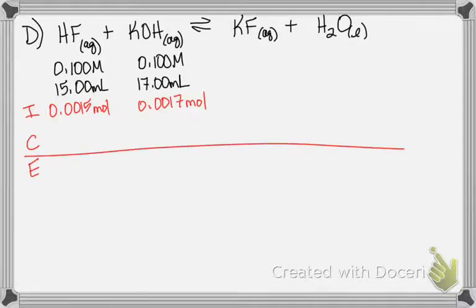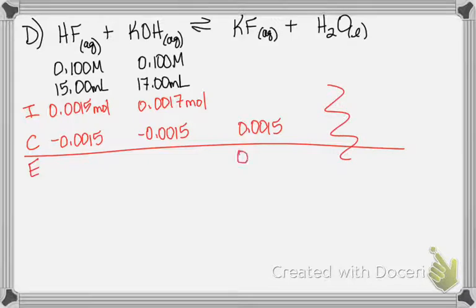Which one's the limiting reactant? We knew that we had neutralized all the acid because this one was past the equivalence point. And that should be how we complete the ICE table.